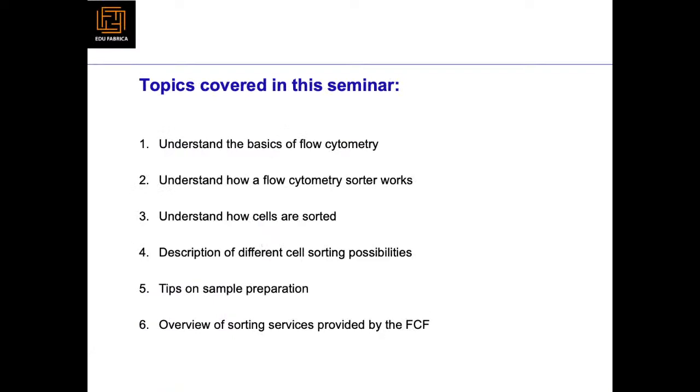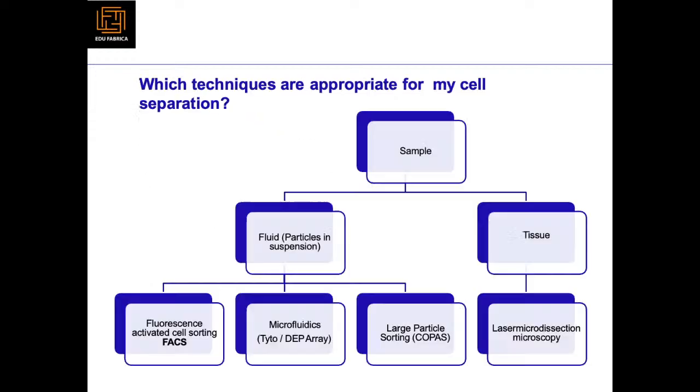So in this topic, we will take care of the basics of flow cytometry, understand how a flow cytometry sorter works and how cells are sorted, a description of different cell sorting possibilities, tips on sample preparation and an overview of sorting services provided by the FCF.